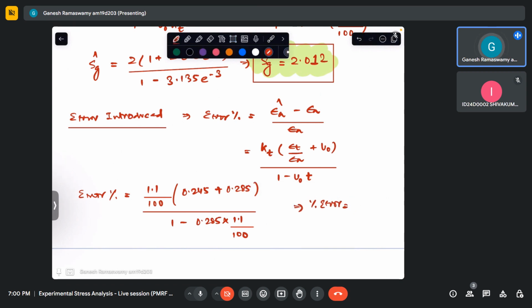So we are talking about percentage error, so naturally we will have into 100. So this comes out to be 0.585%.